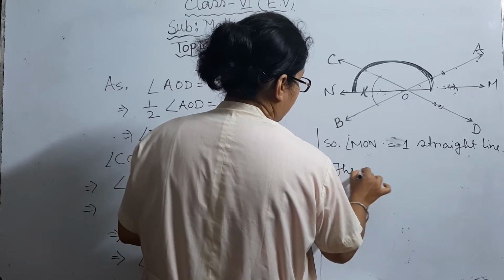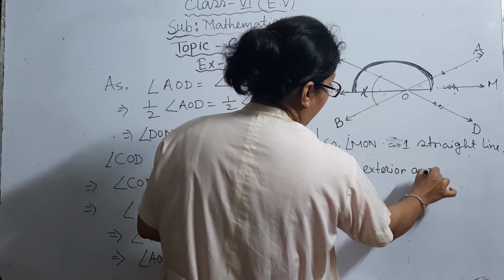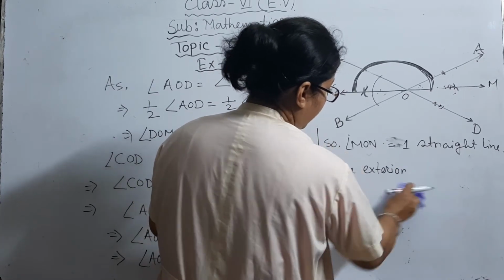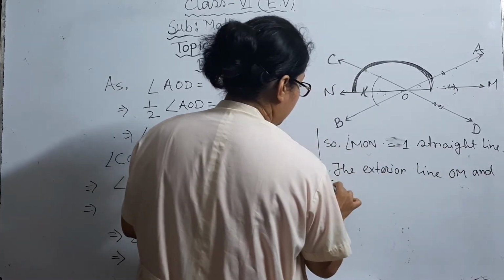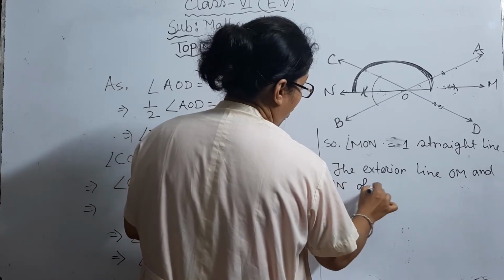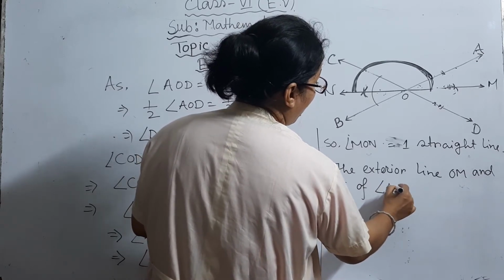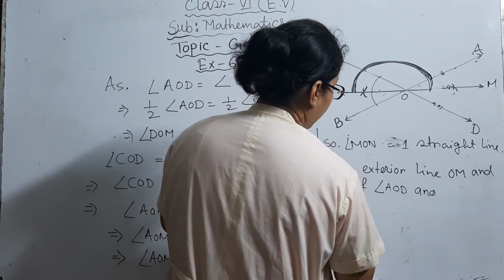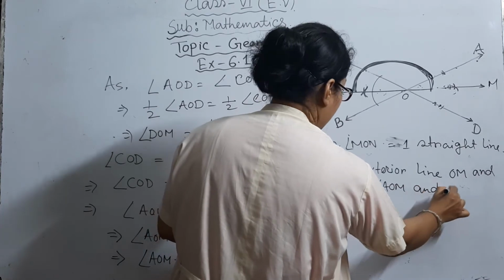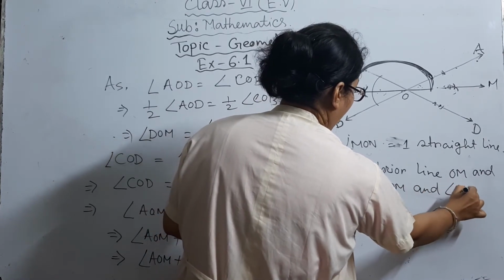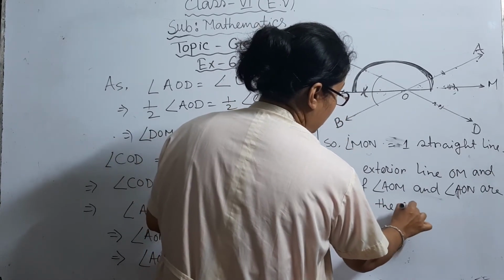So, the exterior lines OM and ON of AOM and AON lie on the straight line.